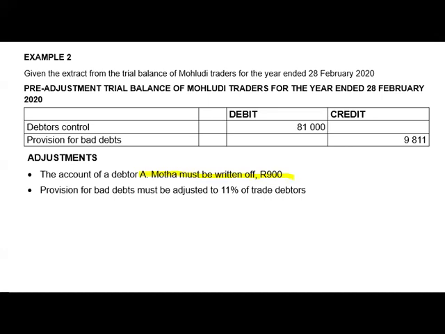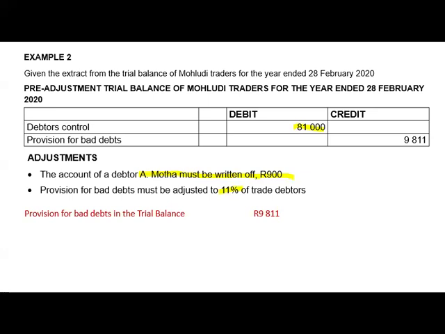Guys, we did this not long ago, right? So it means that 81,000 rand, when we calculate our provision here, I can't use the 81,000 rand because that 81,000 rand was before a mortar was written off. I can't use it, okay? And that creates a problem. So do we all agree that the provision that we have in the trial balance is 9,811?